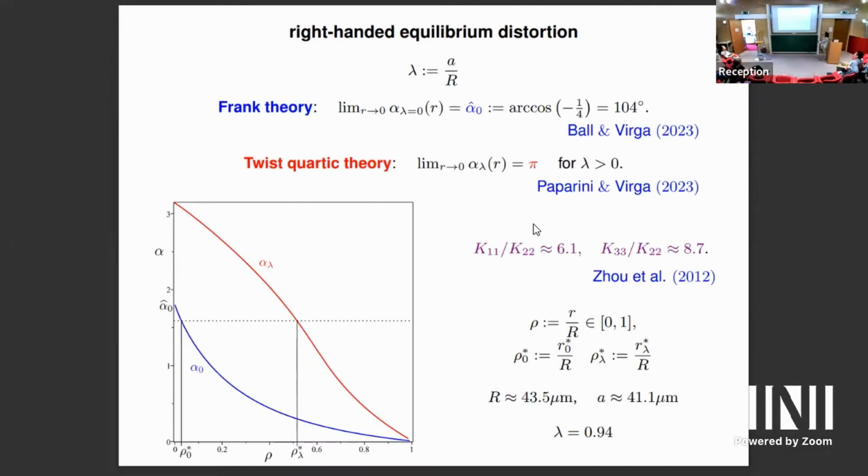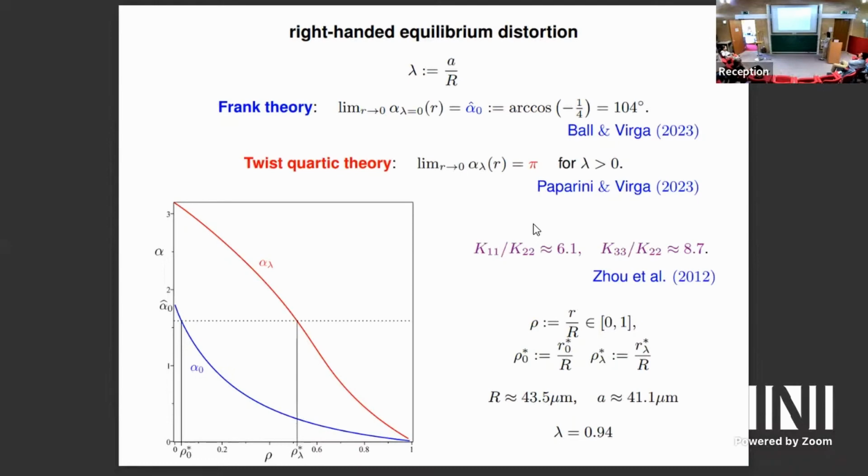We introduced this dimensionless parameter, lambda, given by the ratio between the characteristic length and the radius of the spherical cavity. We find the energy minimizing twist angles alpha in the Frank theory when lambda is equal to 0, because A is 0, and in the twist quartic theory, since lambda is greater than 0.